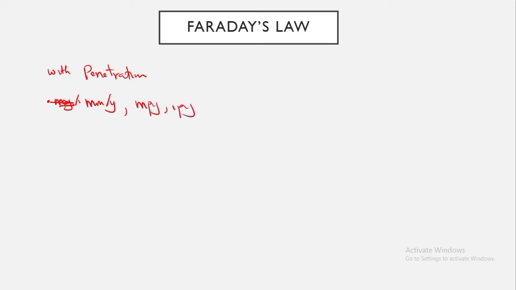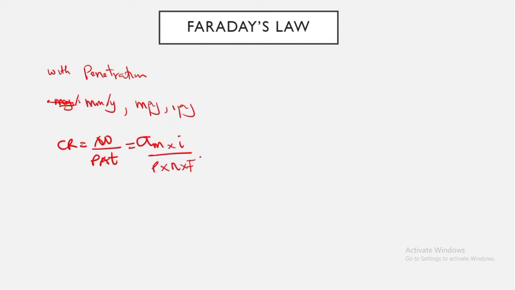We have a lot of units, but we're going to focus on these three. For these three, when you want to use the corrosion rate formula, the corrosion rate is equal to the mass reacted all over density times the area times time. Because of penetration, you need to introduce density, which is equal to the atomic weight times the corrosion current density all over density times the number of electrons transferred times the Faraday constant.